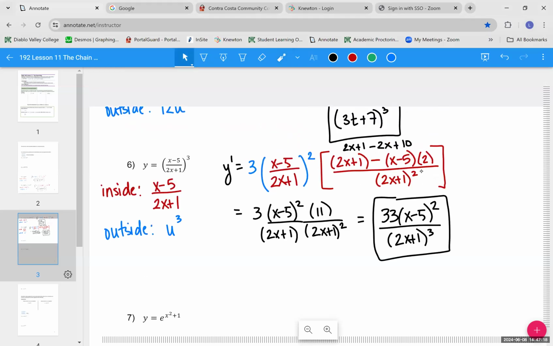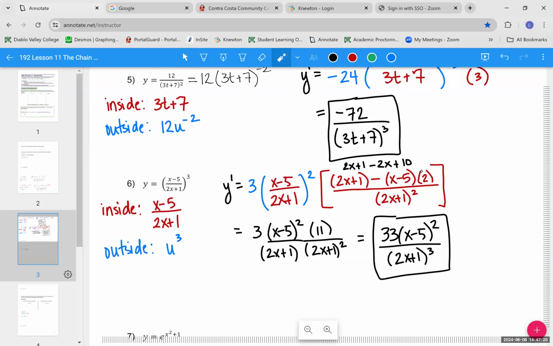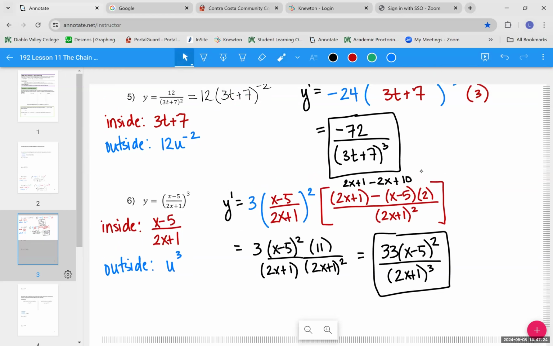Okay, here we go. So if I've rewritten my function this way, then my inside is going to be the 3t plus 7, the part that's raised to this power, and my outside will be 12 u to the -2. So I'm going to take the derivative of that. That would give me a -24 u to the -3.